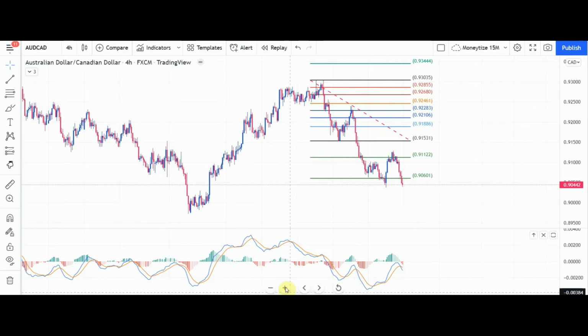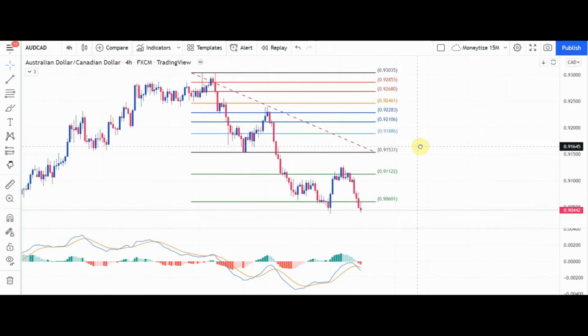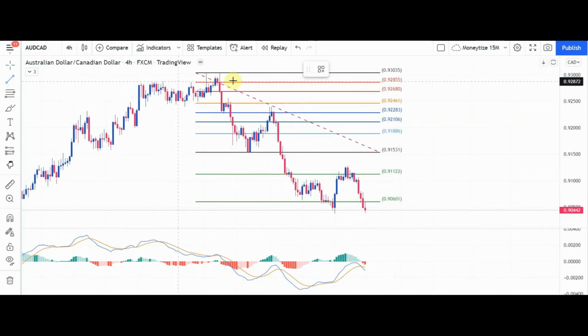So what we have noticed after this downward push is that the market has retraced to the 50 level. In fact, it has come in between 50 and 61.